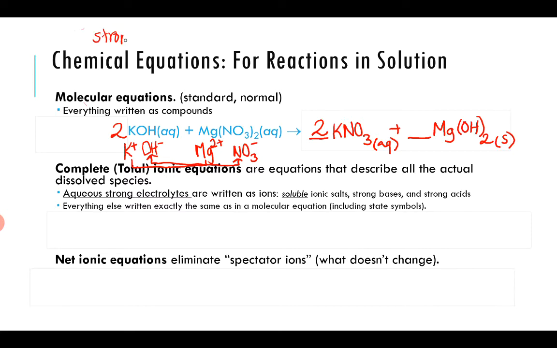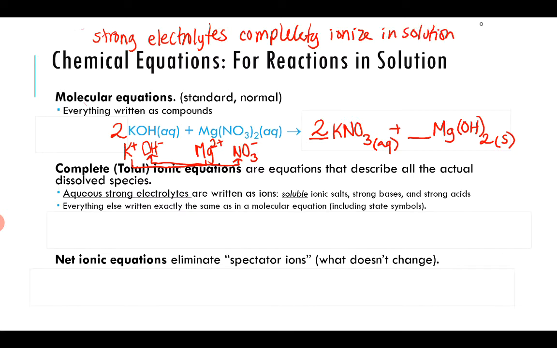Strong electrolytes completely ionize. That means that instead of NaCl aqueous, what you really have is sodium plus ions that are aqueous, and Cl- ions that are aqueous.